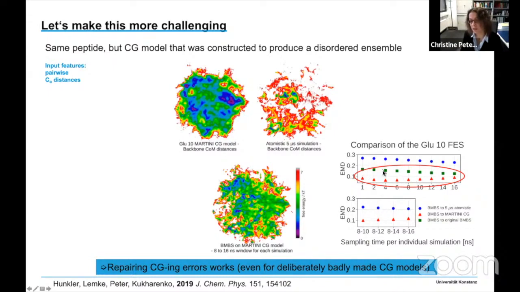And what you see in this green line of data points is how the new backmapping-based sampling from the Martini basis approaches the original backmapping-based sampling that was coming from the neural network model, which is, so to say, our gold standard in terms of atomistic reference data.